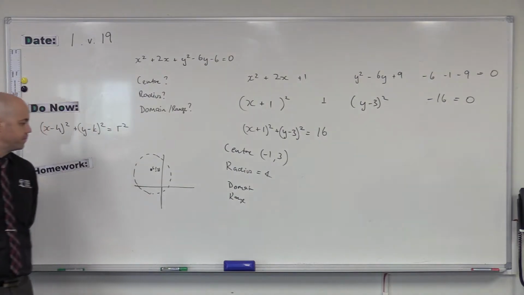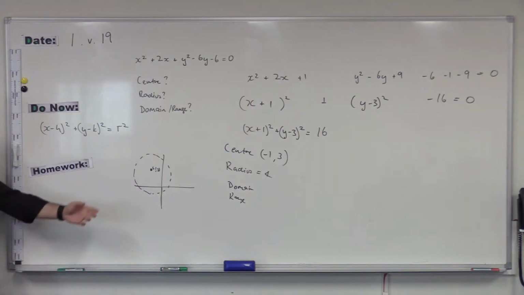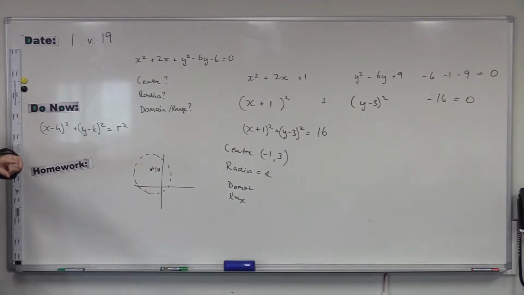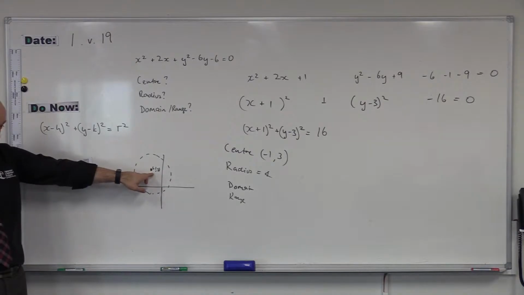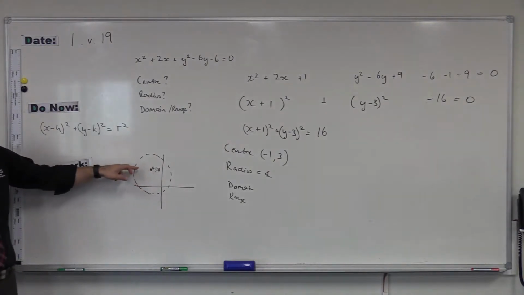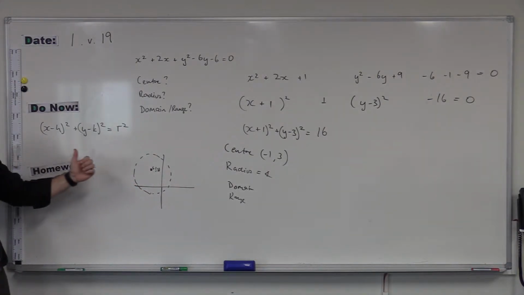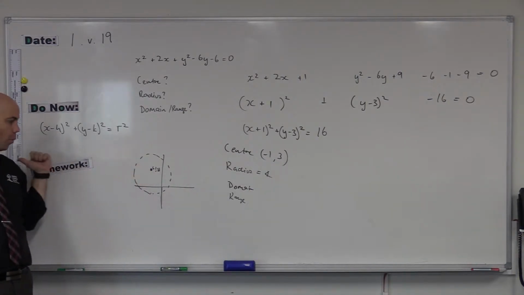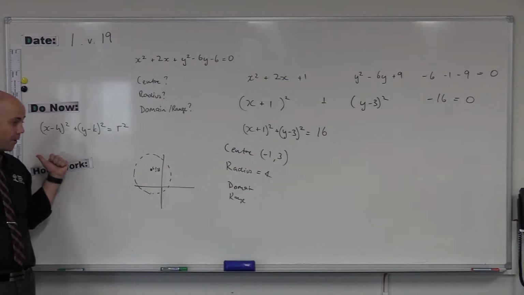What can x be? What is the lowest x can be? -5. That's right, but why do you say that? The centre is -1 and the radius is 4, so the furthest it can go is 4 in this direction. So the lowest can be is -5.